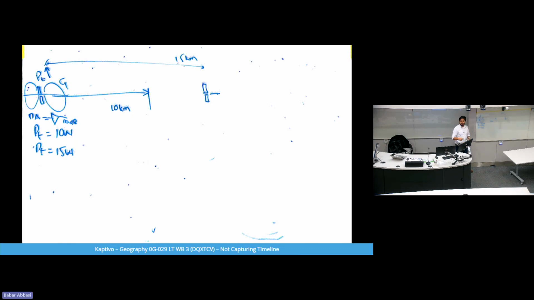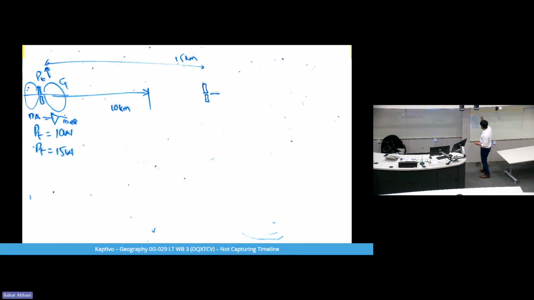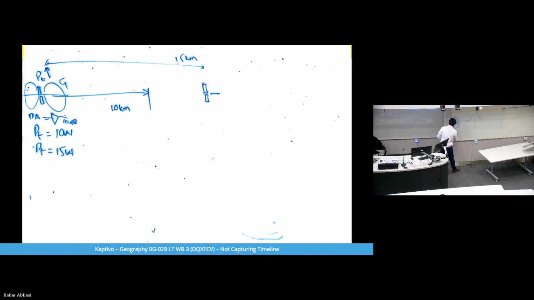Increase the frequency or decrease the frequency? Wavelength: if my wavelength is increased, then the same energy can be propagated further. Increasing lambda means decreasing frequency, because c is equal to f lambda and lambda is equal to c over f.